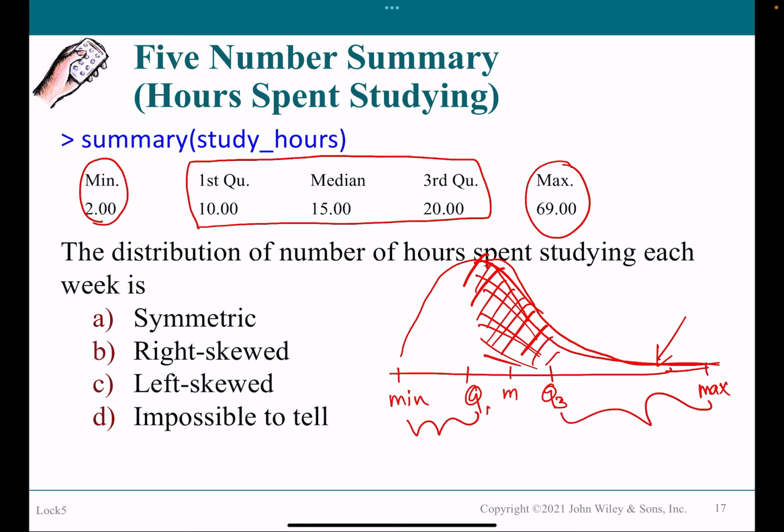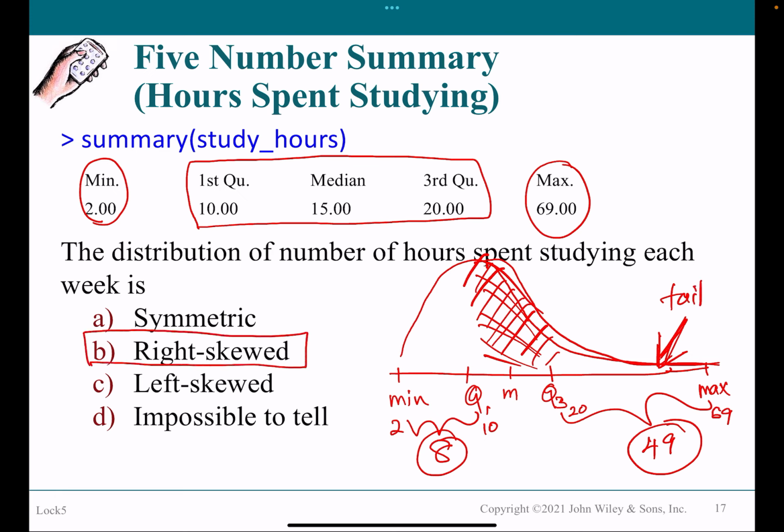If you compare the gaps, this value is 10, this value is 20, this is 69, and this one too. So the gap between these two is 8, and the gap between these two is 49. So definitely this is going to be the tail. The side of the tail is right, so this is for sure a right skewed distribution.